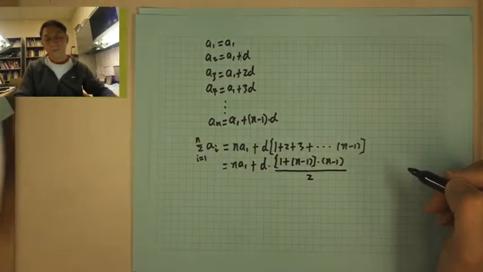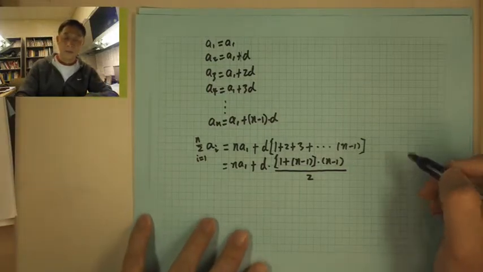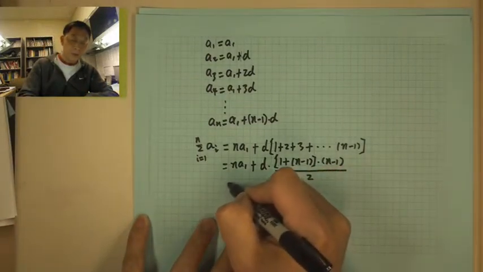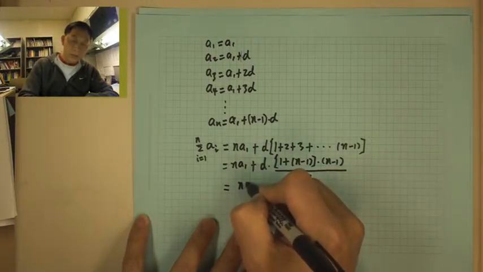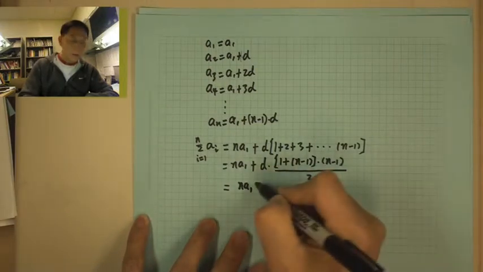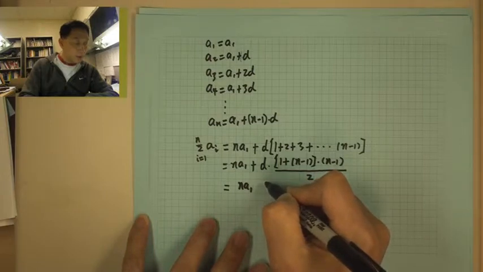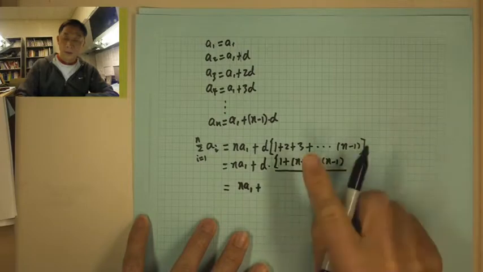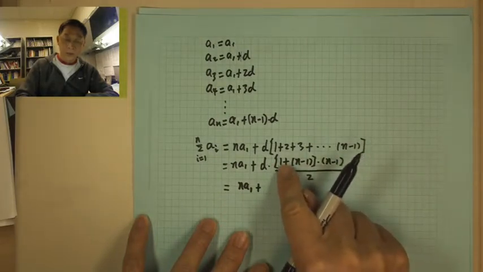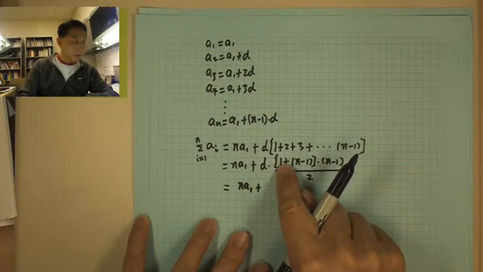Alright? Now we're going to simplify that. And we know here we have n a1, and then down here we have n minus 1, there is an n here.